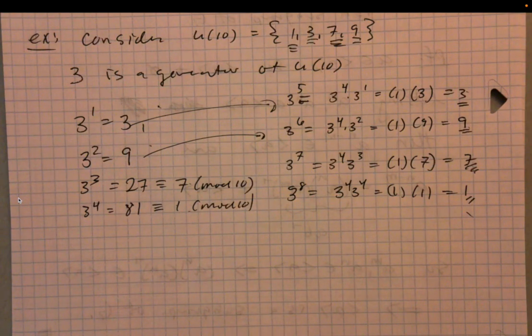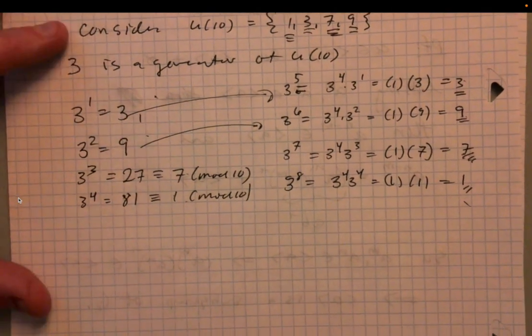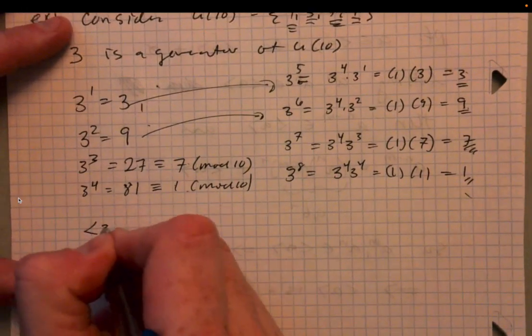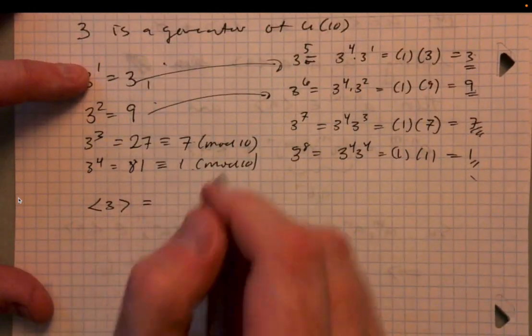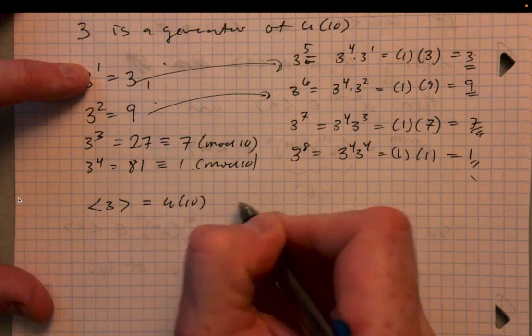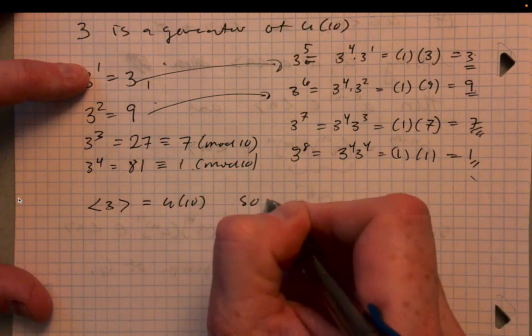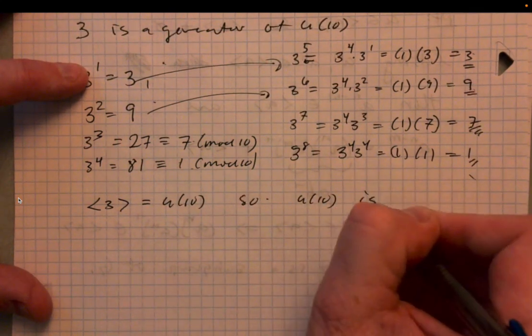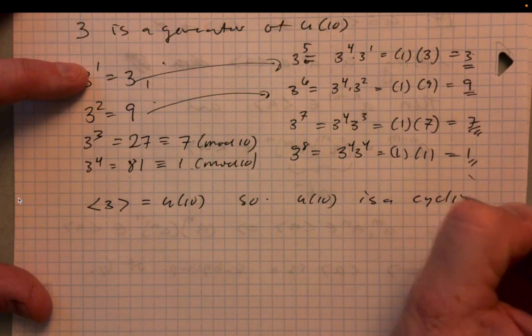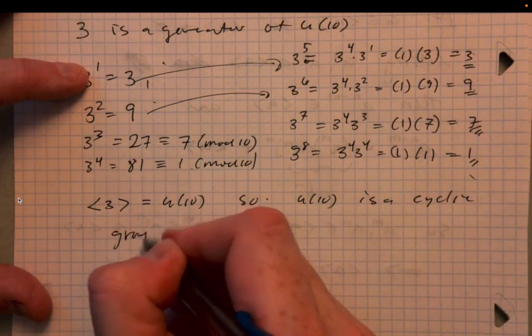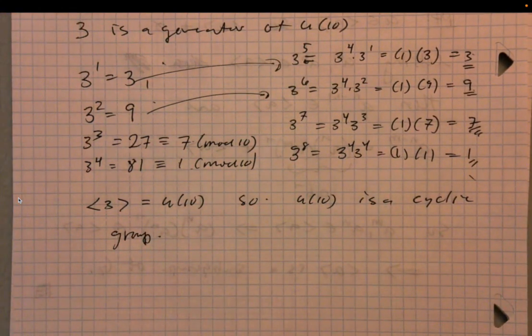It just keeps going. And so that's hence the name cyclic group. So 3 is a generator of U10, and so U10 is a cyclic group.